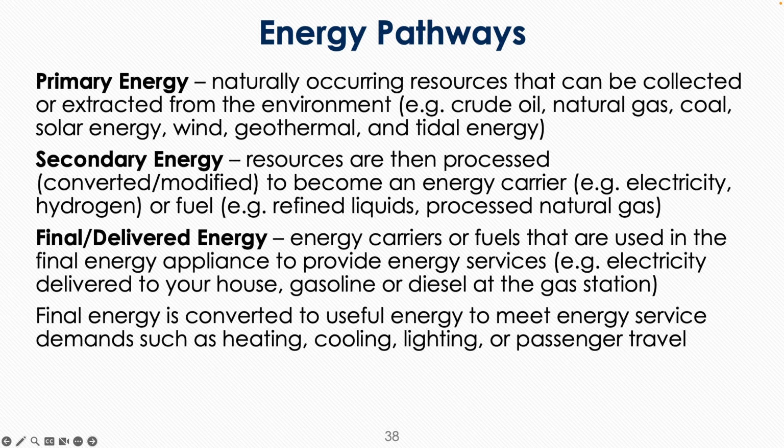For renewables, that might be sunlight, wind, and then for fossil fuels, things that you could just dig out of the ground without processing, right? Crude oil, natural gas, coal, these are all examples of naturally occurring resources that can be extracted from the environment. Some of which are renewable and some of which are not.